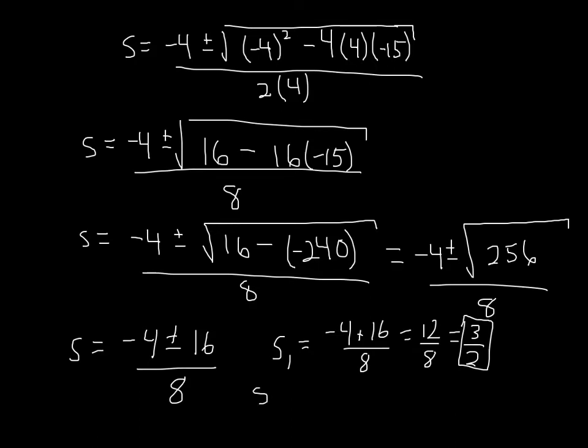And I find S2 is equal to negative 4 minus 16 divided by 8. And that's going to be negative 20 divided by 8, which we can also simplify to give negative 5 over 2. So these are our two answers, and we need to combine these with our very first answer from the last little screen that we had up. Also s equal to 0.